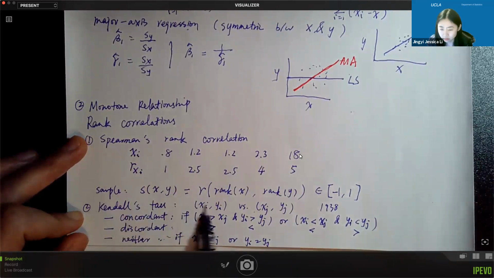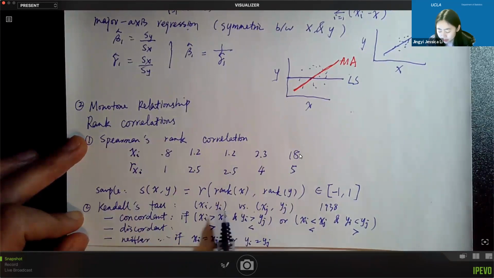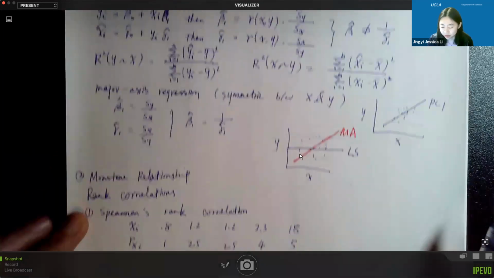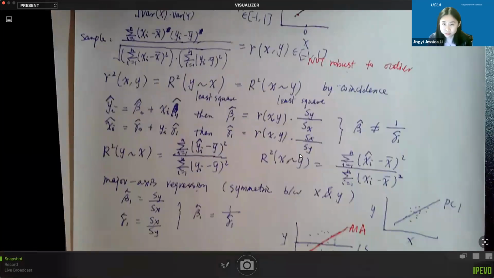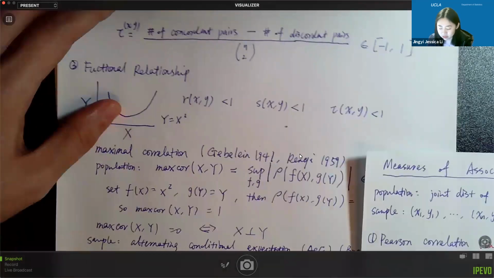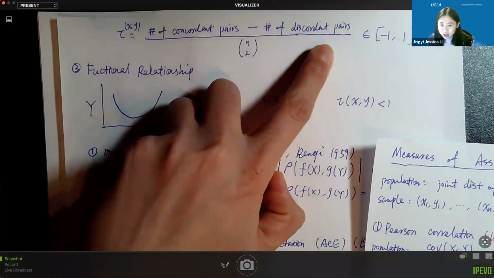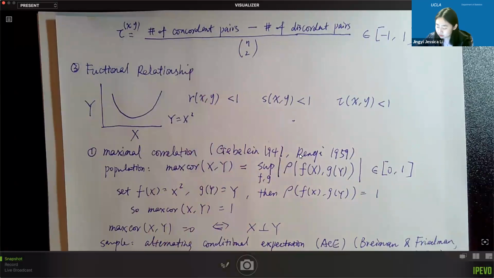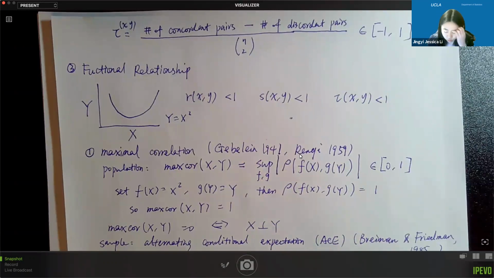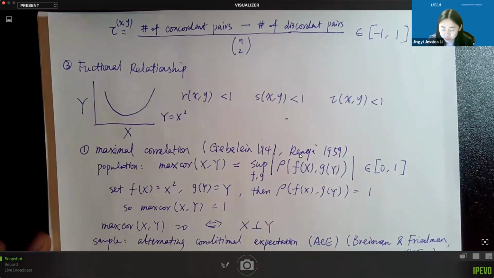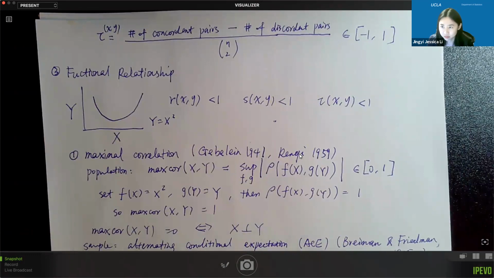For Kendall's tau, you need to define pairs of your observations as concordant, discordant, or neither. Then you combine the number of concordant pairs minus the number of discordant pairs over the total number of pairs. That's how you define Kendall's tau. Compared to Spearman correlation, Kendall's tau works better when your data has too many ties, because those ties will be called neither.